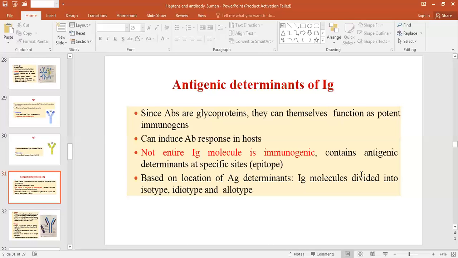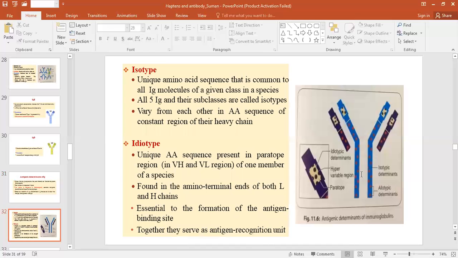Based on the location of the antigenic determinants, immunoglobulin molecules are divided into three different types: isotype, idiotype, and allotype. What is isotype? It is a unique amino acid sequence that is common to all immunoglobulin molecules of a given class of a species.